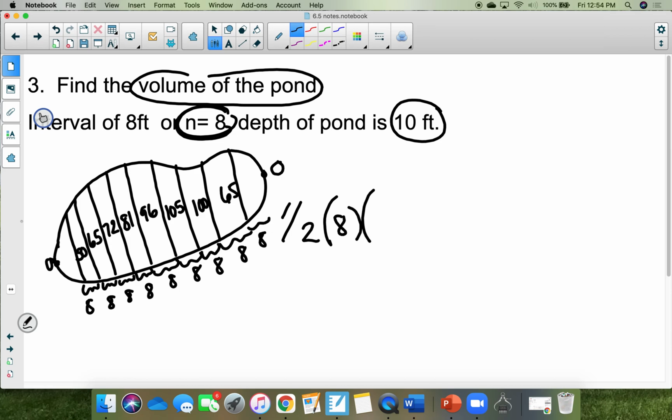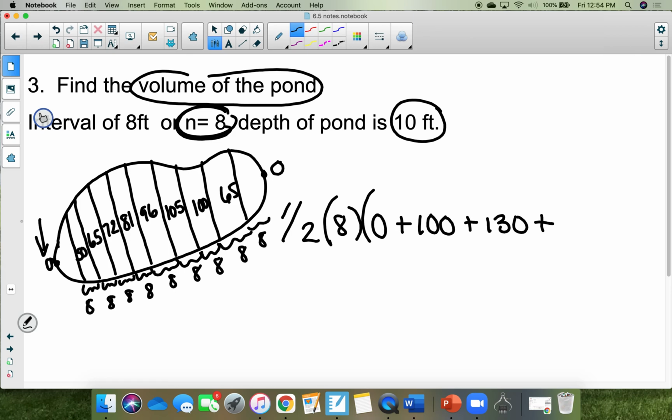And then you're going to start. This one is the first number, which is 0, and there's only one 0. But there has to be 2 50s, so that makes 100. There has to be 2 65s, that makes 130.